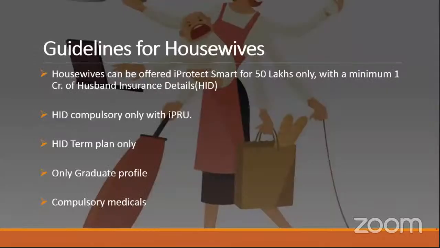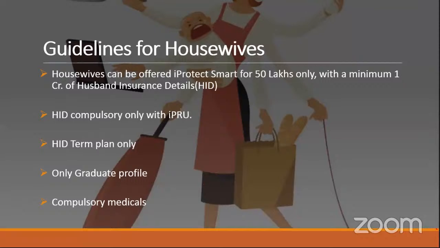For non-working housewives also, a term plan can be given, but the minimum requirement is that the housewife must be a graduate, and her husband's income is such that the eligibility covers both of them.